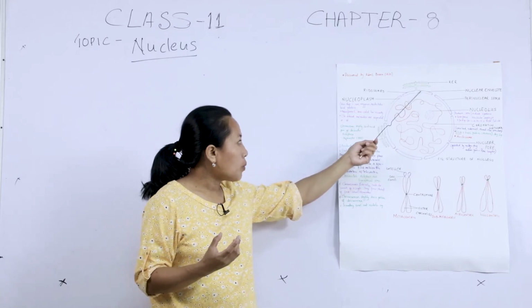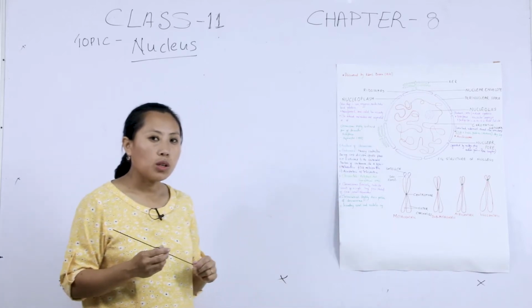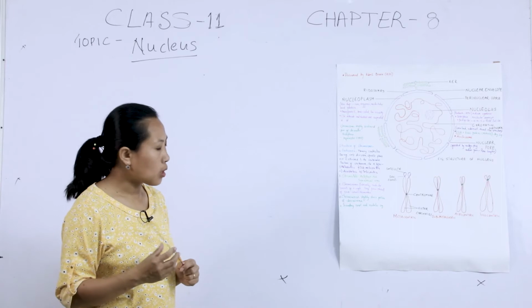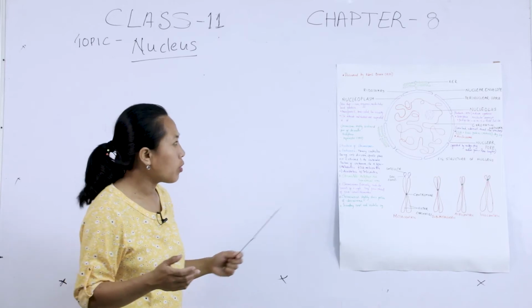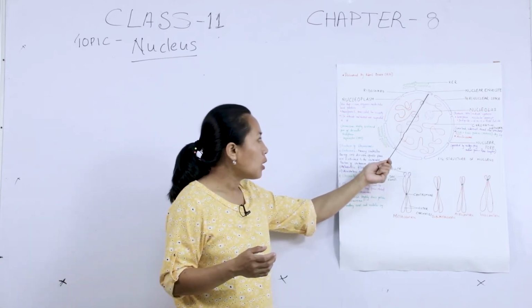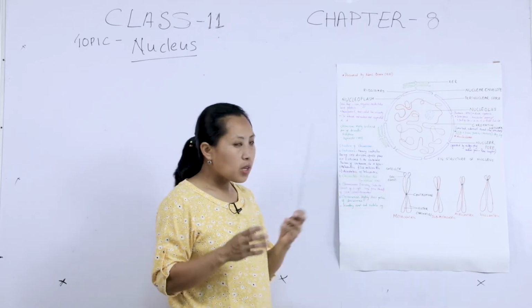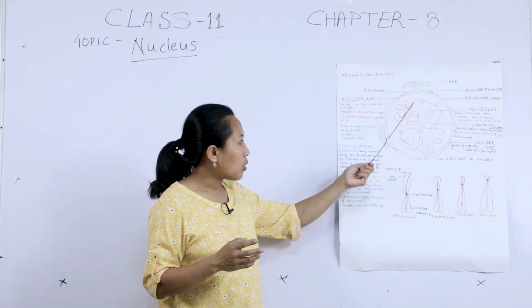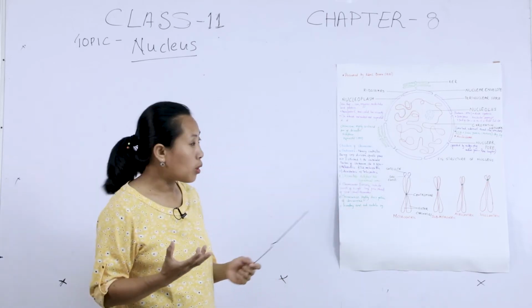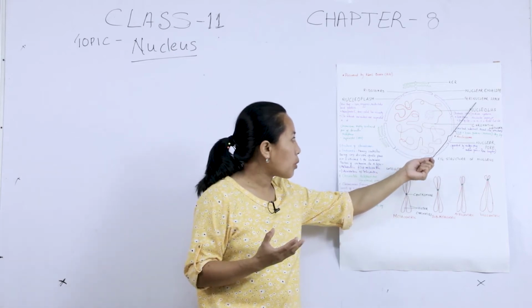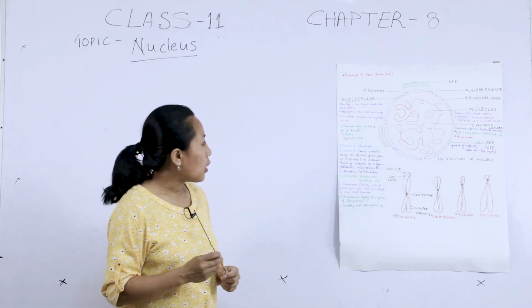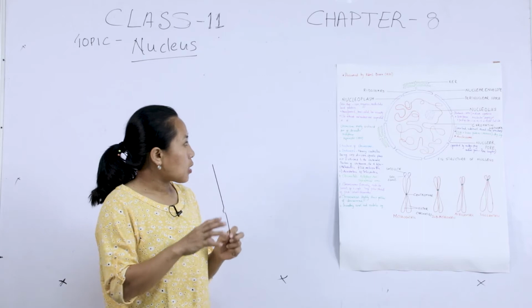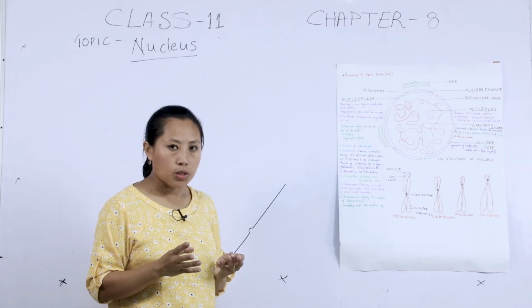Okay, the nuclear envelope is similar to the plasma membrane again. So it's a double membrane structure. It consists of an outer membrane and an inner membrane, and the space in between the outer membrane and inner membrane, or outer envelope and inner envelope, is known as the perinuclear space. And this nuclear envelope is not continuous.